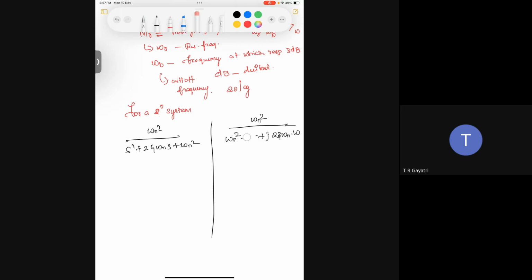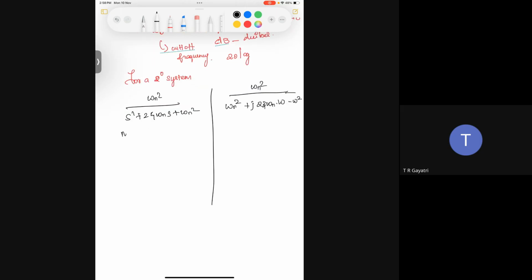Omega is a particular frequency at which we are examining, where omega n is the natural frequency of the system. Based on this, your overshoot formula MP would be e to the power minus zeta pi divided by root of 1 minus zeta square.